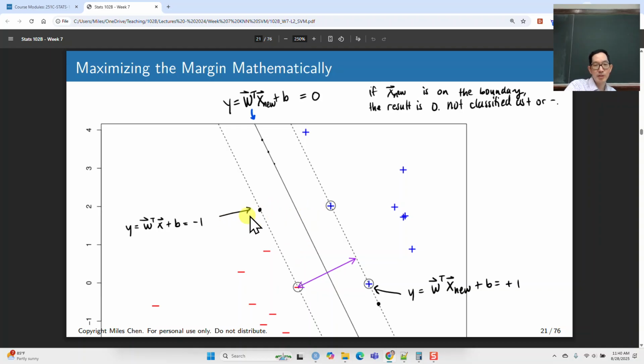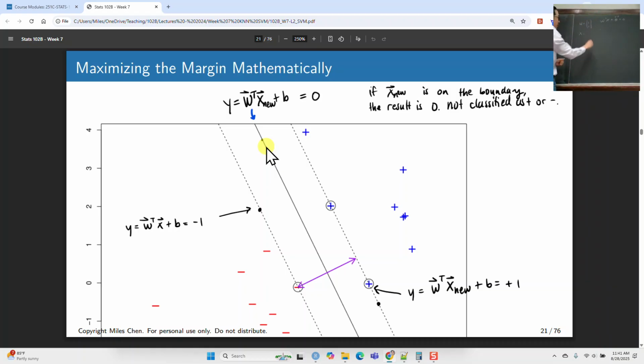So just to label everything, this line down the middle. For example, if W is equal to 1, 1, and we want W transpose X plus B equal to 0, let's say B is equal to 3. What values of X?